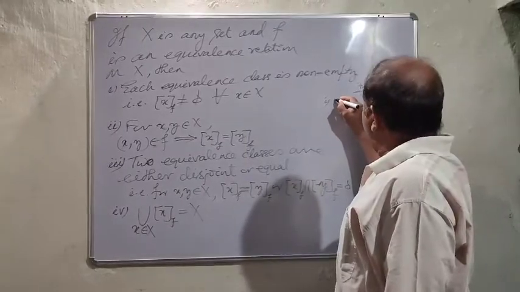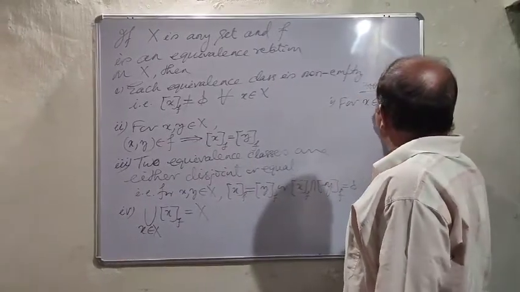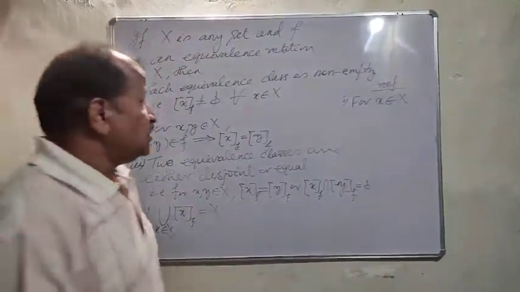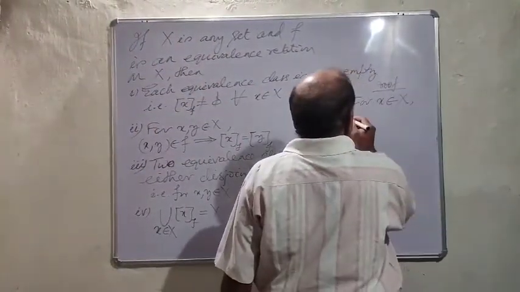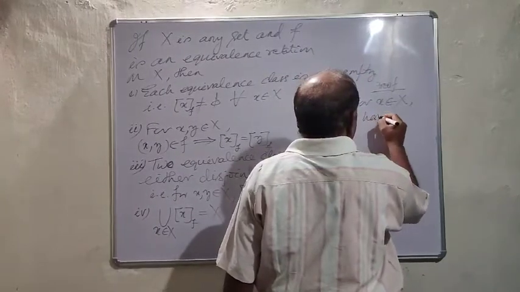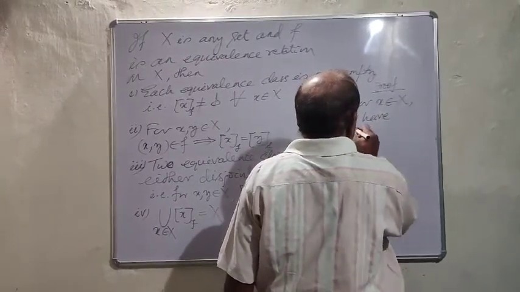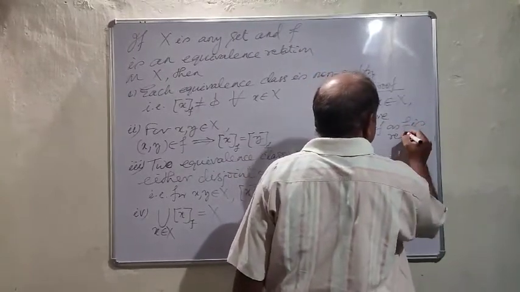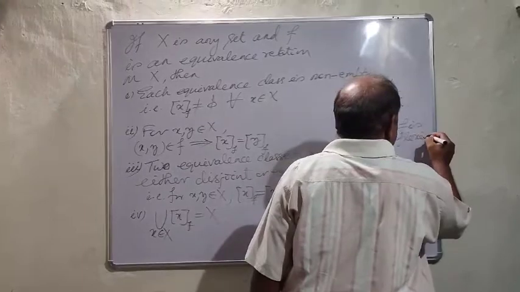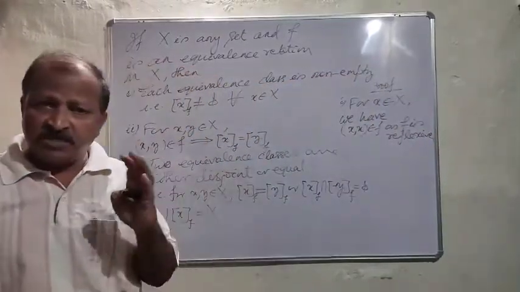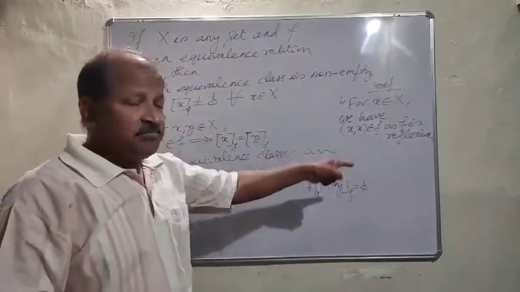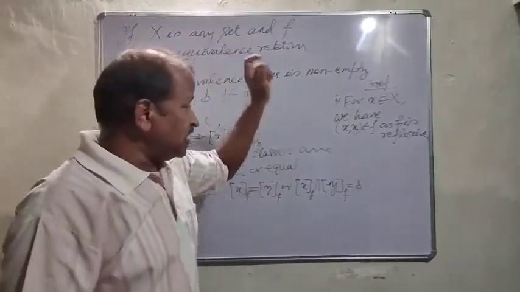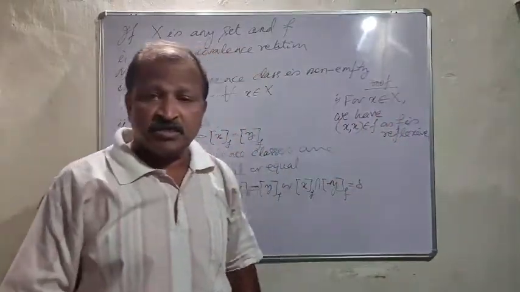Suppose x is an element of X, we have (x, x) belongs to F, as F is reflexive. F is an equivalence relation, so it must be reflexive. So x must be related to x.